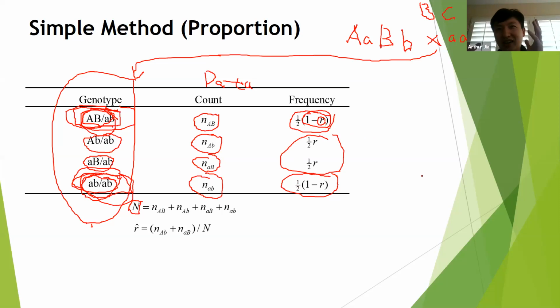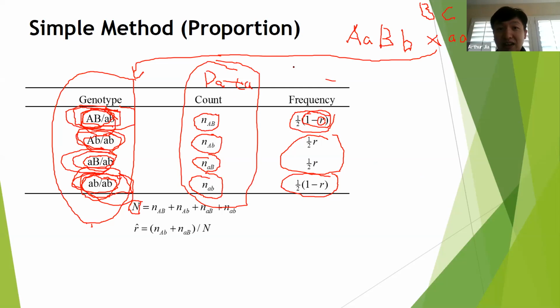Because totally out of these 1,000 progeny, you're gonna see R this many non-parental type. But if you only look at the progeny carrying the non-parental type, half of them will carry this genotype and another half will carry this genotype. Is that correct? So now it's clear how we understand this table. This is the results from the experiment. We're gonna end up with this data. This is the real data and this is the expected frequency out of this experiment.